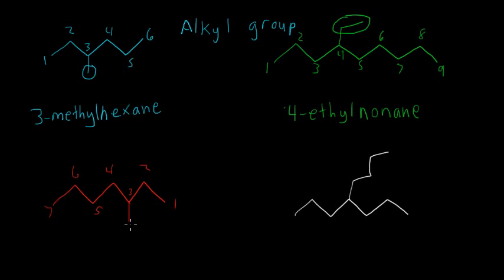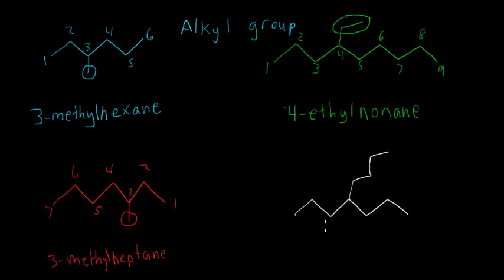So we can identify that there's 7 carbons in the longest chain, so the prefix for that would be hept, and all single bonds again makes it heptane. And then off of the third carbon we have a methyl group, so this would be named as 3-methylheptane. Keep in mind numbers are separated by dashes, and when we get to multiple groups coming off, the numbers will be separated by commas. That'll be a future video, but just know that numbers and letters are separated by dashes.